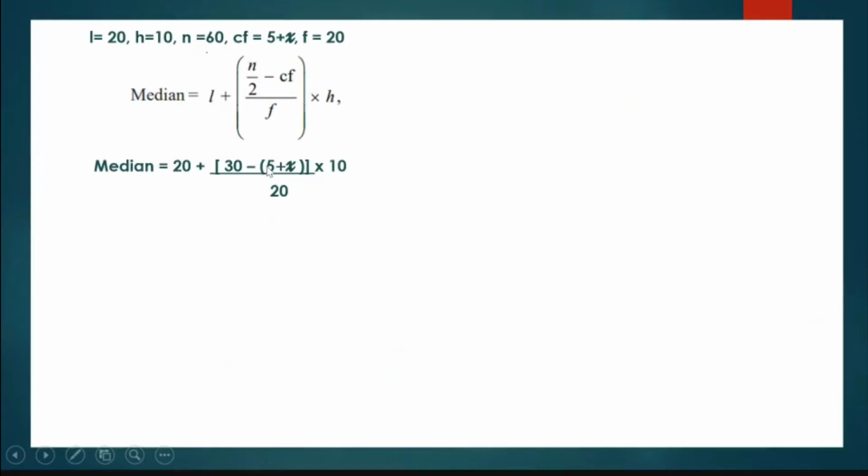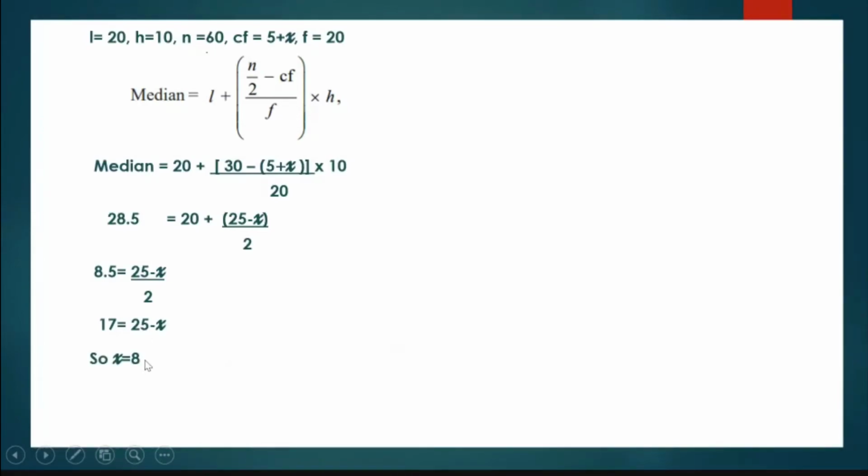So, I put the bracket here. The median was 28.5, that is equal to 20 plus (30 minus 5, that is 25, minus x) upon 20, and 10 cancels out to give me 2. This 20 goes to the left hand side and I get 8.5 is equal to (25 minus x) upon 2. I take this 2 to this side to get 17 is equal to 25 minus x, and I get the value of x as 8.